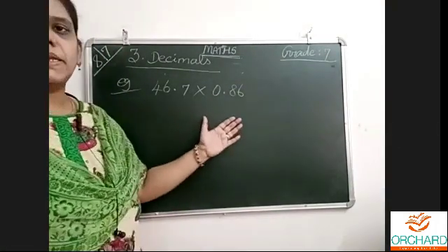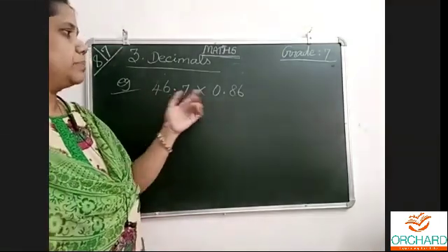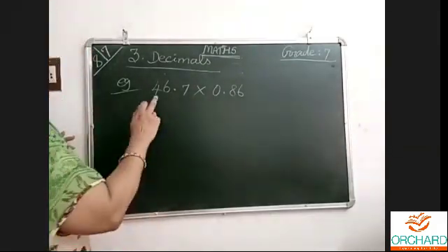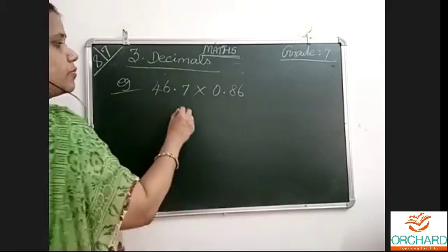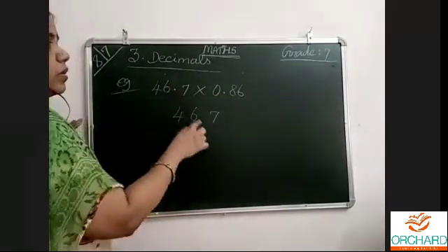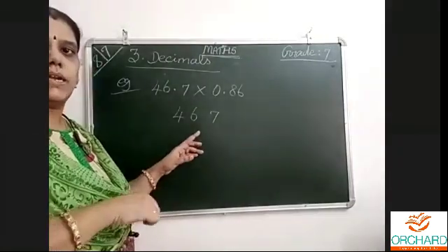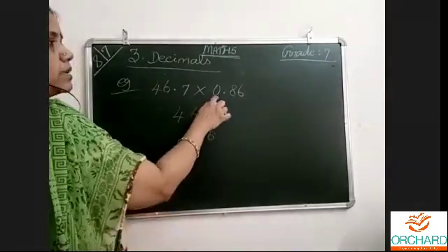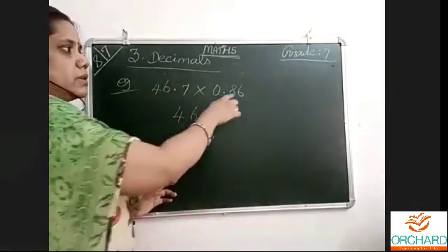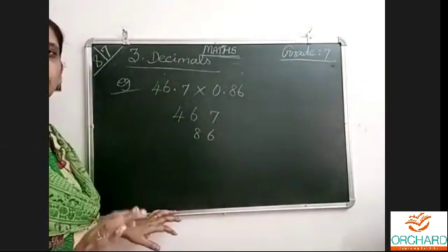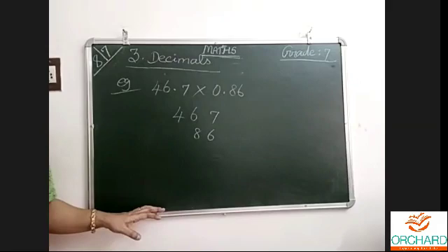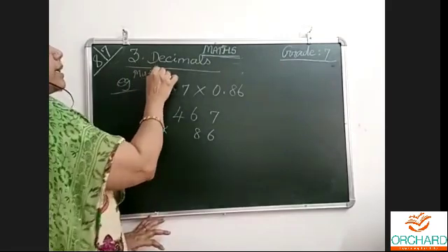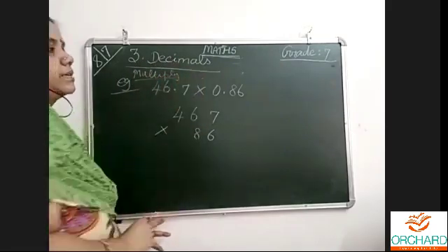Whenever we get multiplication of decimals, which may have 1 point, 2 points, 3 points, whatever the place values of the digits, our work is to write the numbers alone first. 4 I must write, 6 I must write, 7. I won't write any points now. Later on we'll write them in the answer. 0.86, I want only 8 and 6. No table for 0, we don't want it. So 8, 6. This alone I will do. Then I will keep the point later in the answer.